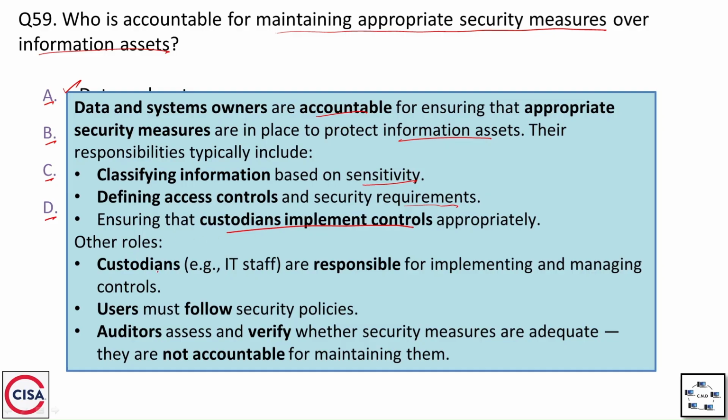Other roles, that is, custodians, are responsible for implementing and managing controls. Users must follow security policies, and auditors assess and verify whether security measures are adequate. They are not accountable for maintaining them.